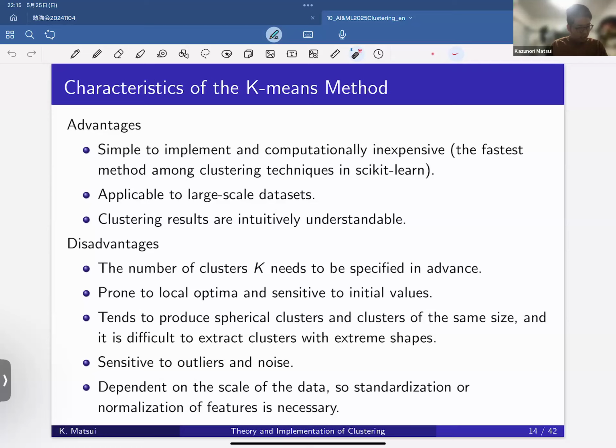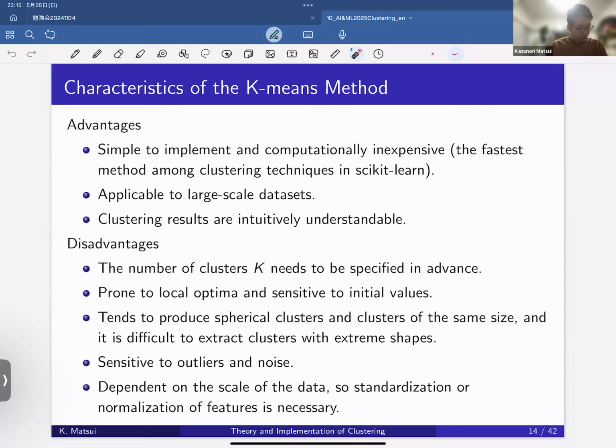Moreover, since clusters of the same size tend to be obtained, it's difficult to extract clusters with extreme shapes. It is also sensitive to outliers and noise.